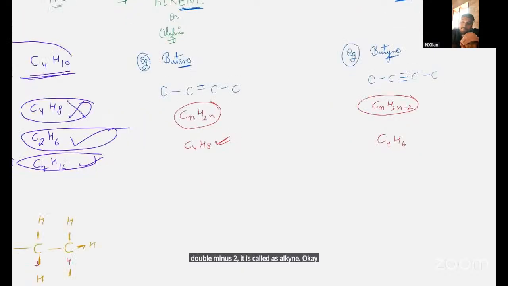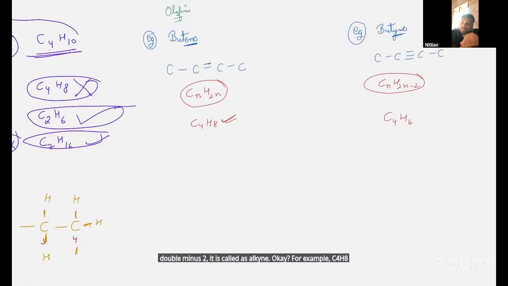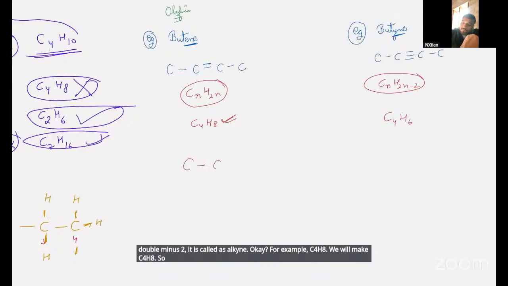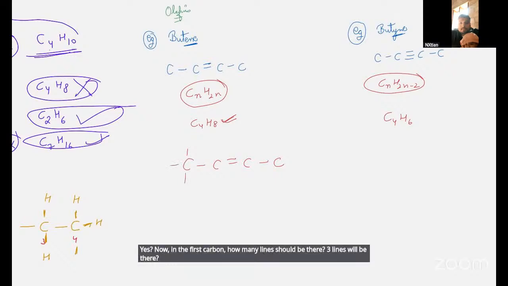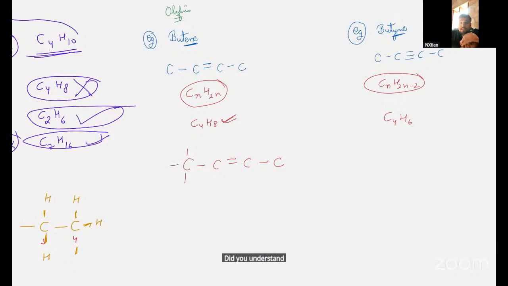Okay. For example, C4H8. We will make C4, and because it's alkene, I will make a double bond between them. Now, in the first carbon, how many lines should be there? 3 lines will be there. In the second carbon, how many lines are needed?